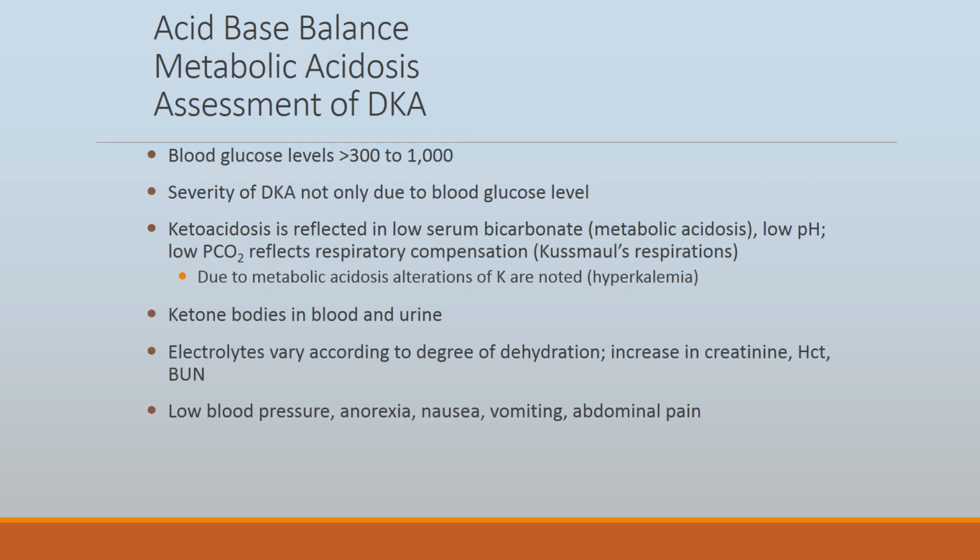Okay, so how does DKA occur? The body is lacking insulin, and so the cells are not getting the sugar that they need. The sugar stays in the extracellular fluid.